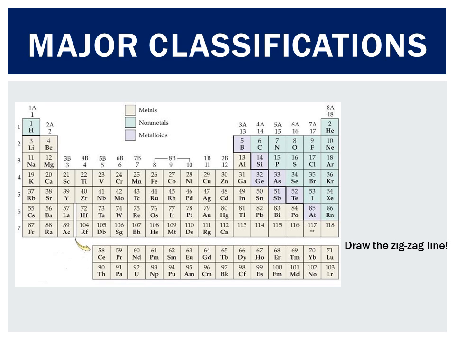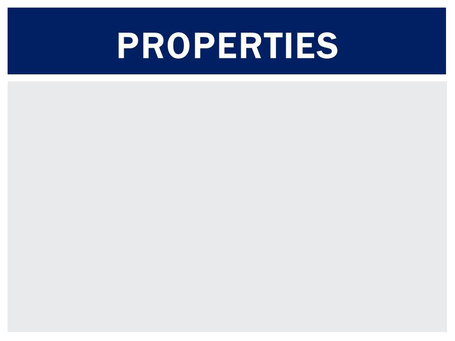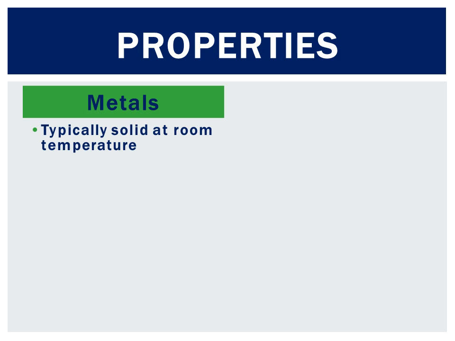What does it mean to be a metal, a non-metal, or a metalloid? So metals are typically solid at room temperature. Almost everything in that area of the periodic table is a solid here on Earth at room temperature. A lot of them conduct electricity and heat. Electrons move around more easily in these.